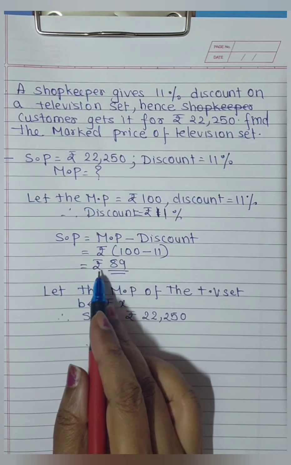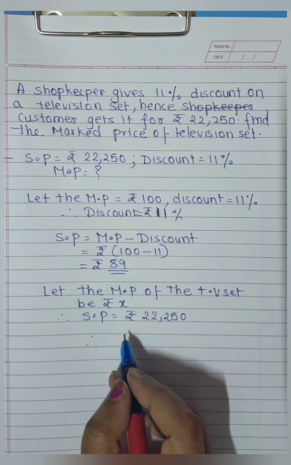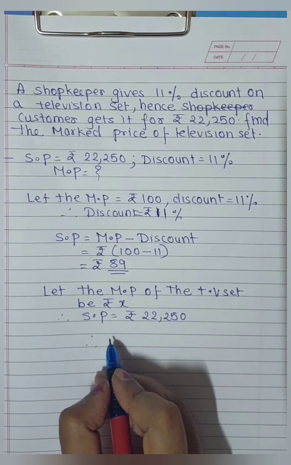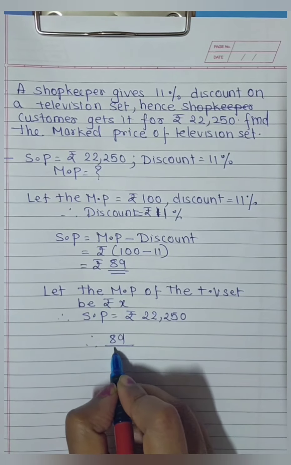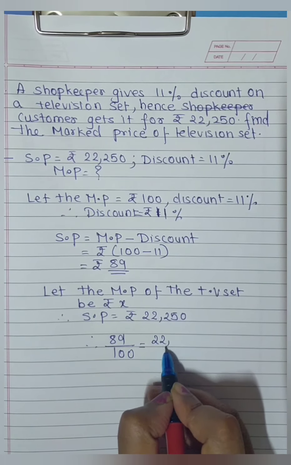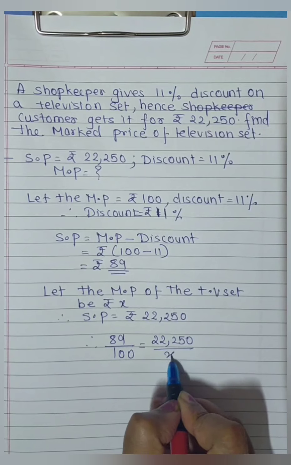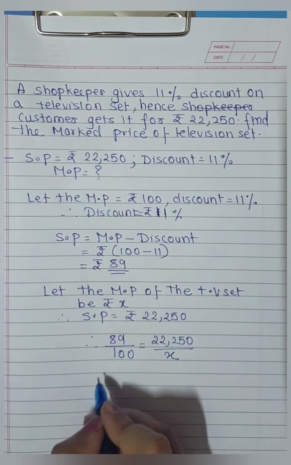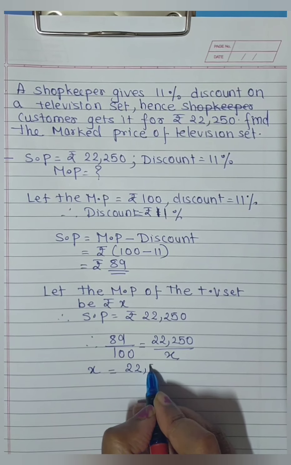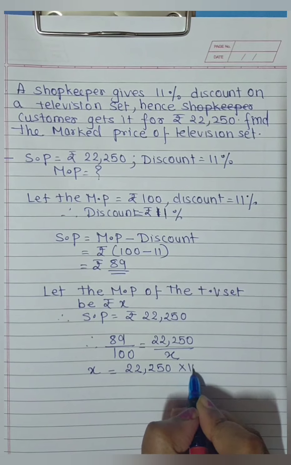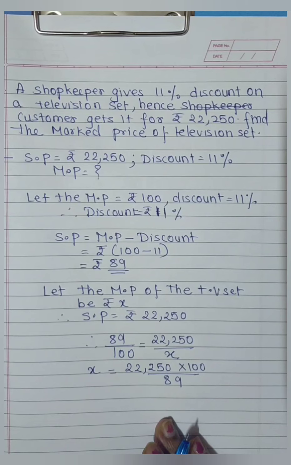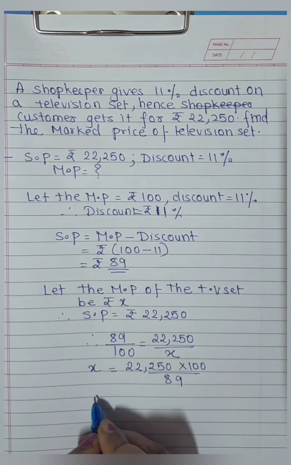We will take selling price, 89 upon 100 equal to 22,250 upon X. Okay, now after cross multiplication, X is equal to 22,250 multiplied by 100 upon 89.